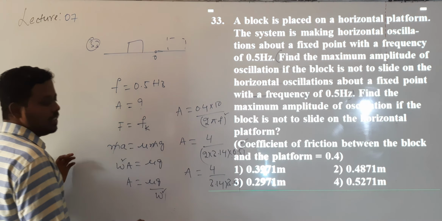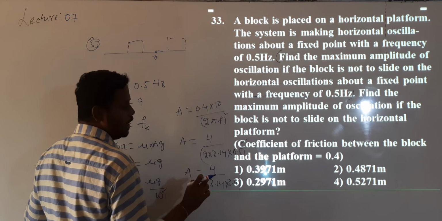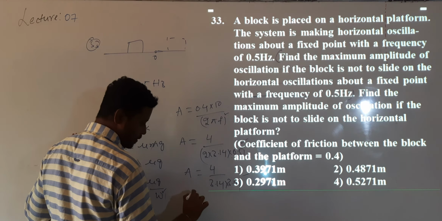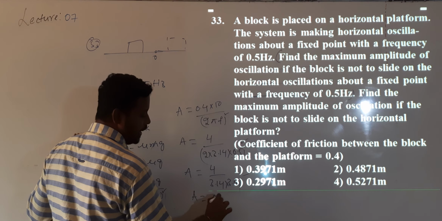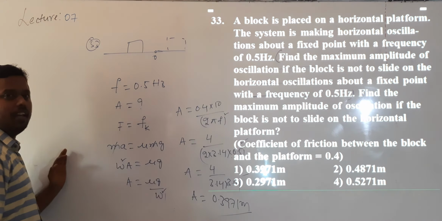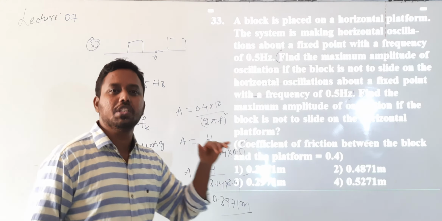So 9.87 you will get, approximately equal to 10. 4 by 10 means your answer will be very close to 0.4, that is 0.3971 meters. Question clear?